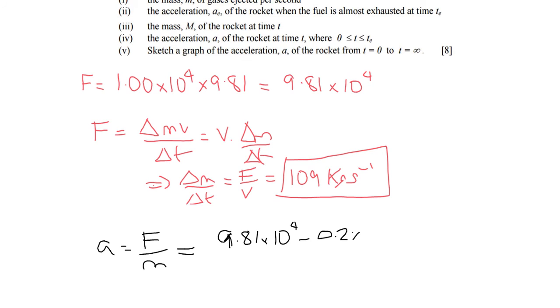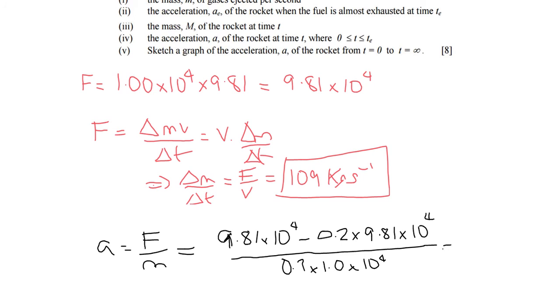So 0.2 times 9.81 times 10 to the 4, because remember it's going to have lost 80% of its mass, and then divide it by the total mass of the object now. So let's get rid of all these 10 to the 4, so it's essentially 0.8 times 9.81 times 5, because dividing by 0.2 is the same, which gives you 39 meters per second squared as the acceleration of the object.